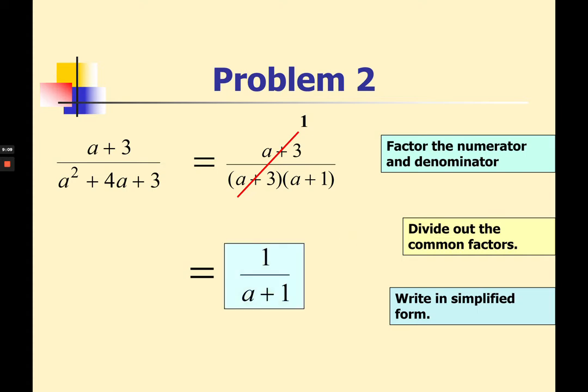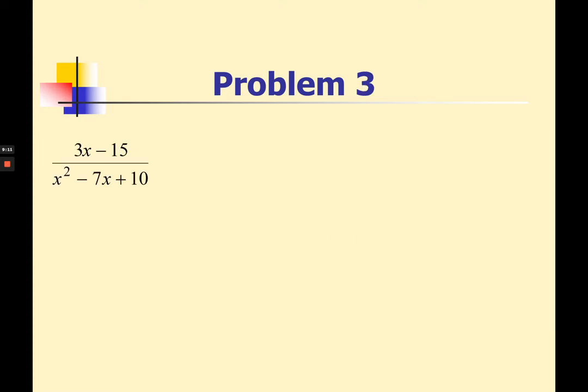Let's try another example. Number 3, you have 3x minus 15 all over x squared minus 7x plus 10. Here you can factor out 3, so it becomes x minus 5 after factoring out 3. Below, 10 is 2 times 5.